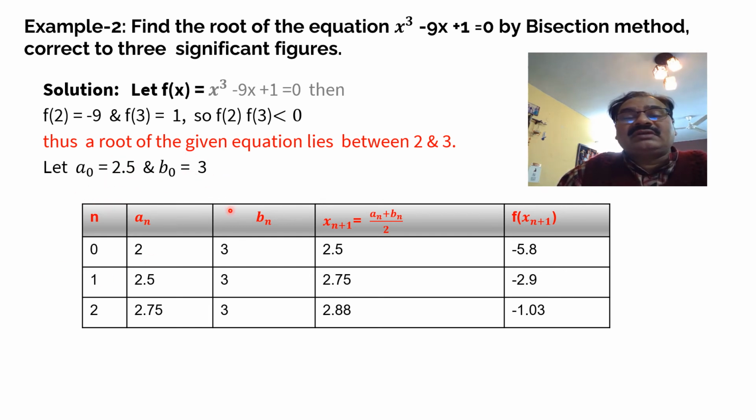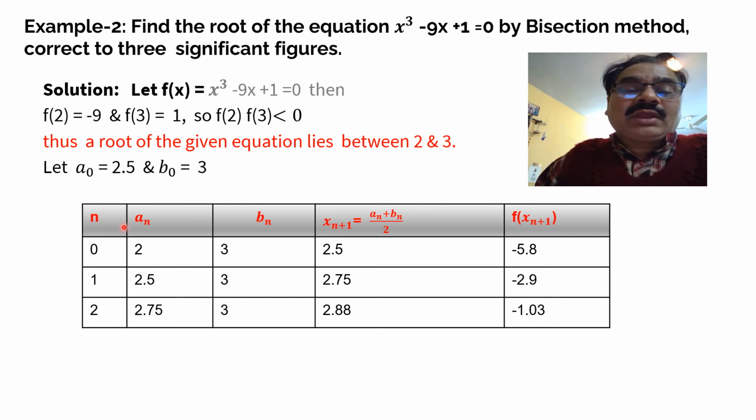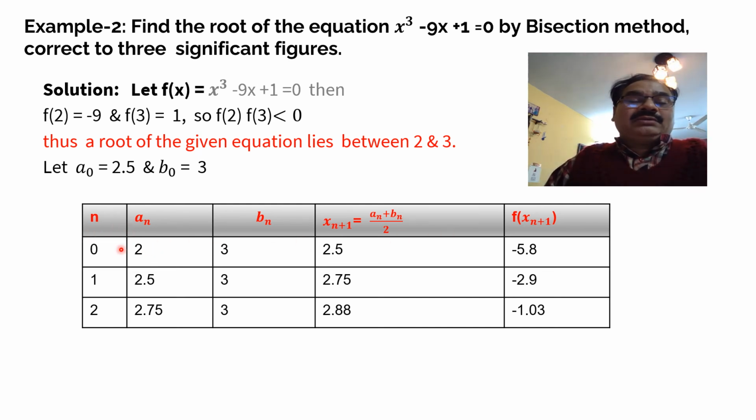Here it is advisable that you always do all the computation of the bisection method in tabular form. So you can take 5 columns and multiple rows. Like n, the value of n is 0, a naught is 2, b naught is 3, then xn plus 1, which is the bisection, so an plus bn by 2, that is 2.5. F of xn plus 1, you have to find out f of x1, by putting the value 2.5, f of 2.5, you will get minus 5.8.